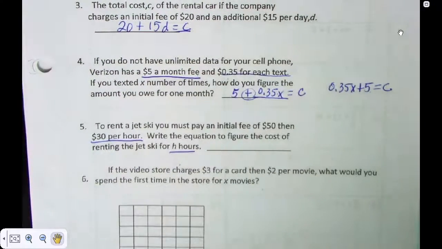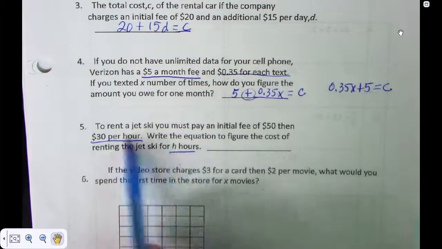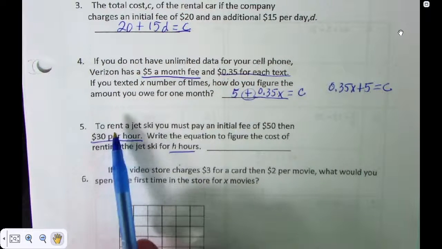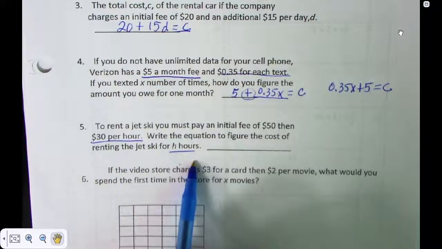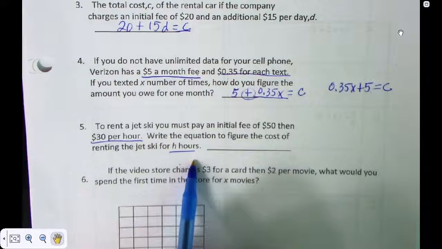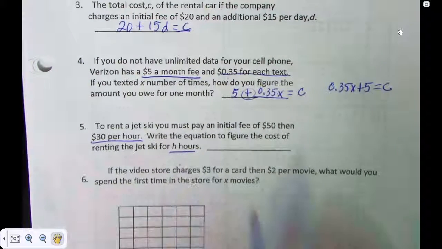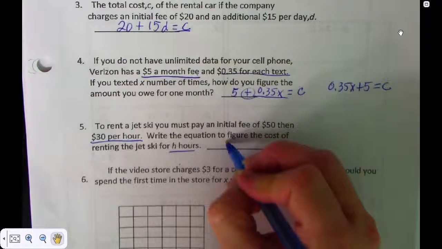So how would we figure that? To figure what you owe for the hours, if you get charged 30 per hour and you rent it for H hours? Because everybody rents it for different hours, so we can't say. So what would we put there?